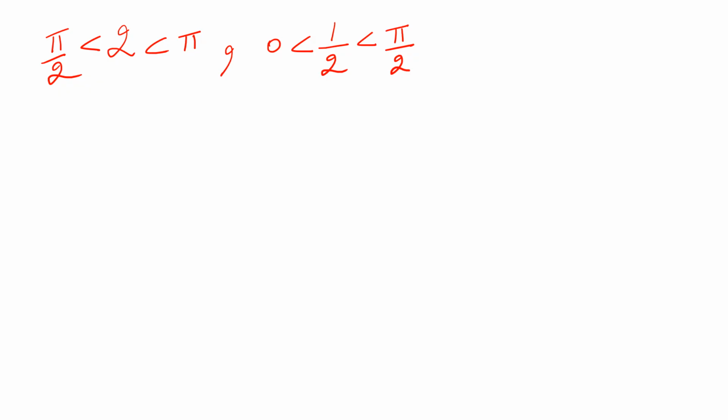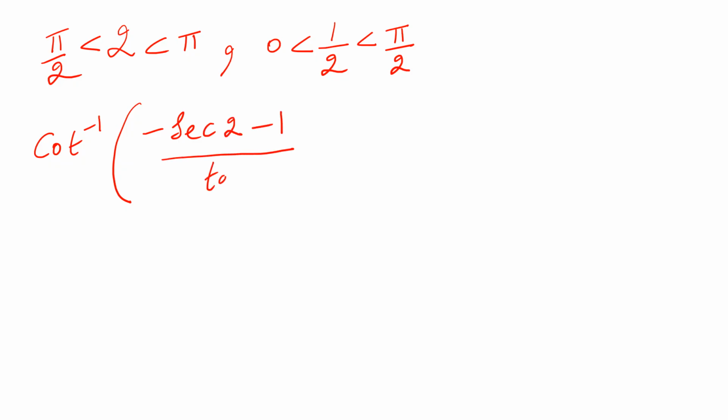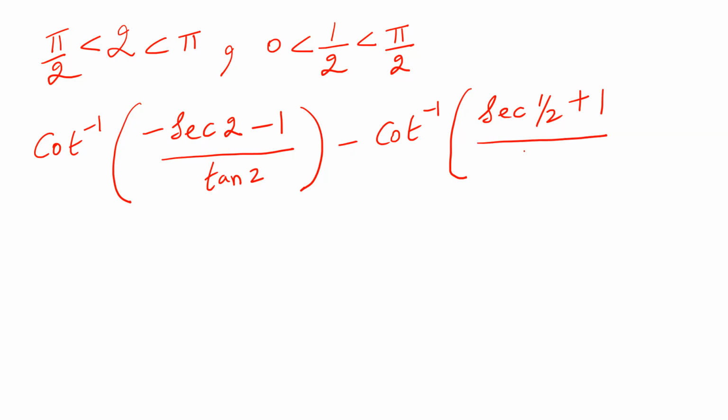So now the expression becomes cot inverse of (minus secant 2 minus 1) whole divided upon tan 2, minus cot inverse of (secant 1 upon 2 plus 1) whole divided upon tan of 1 upon 2. Now students, we know that tan theta is equal to sin theta upon cos theta and secant theta is equal to 1 upon cos theta.